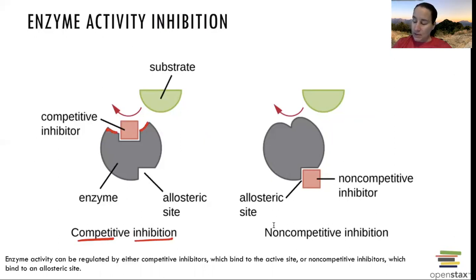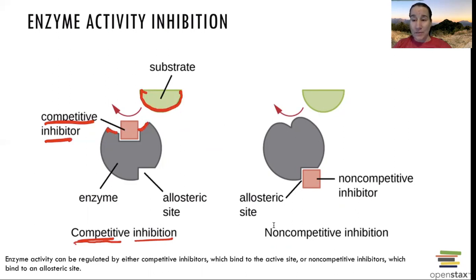And here's our substrate that's trying to bind there, but it can't bind because this competitive thing came along and stole its spot. It stole the active site. So competitive inhibition happens when something else blocks the active site on the enzyme. So now we can't perform our reaction, we can't get the products at the end. This is not going to work with competitive inhibition.